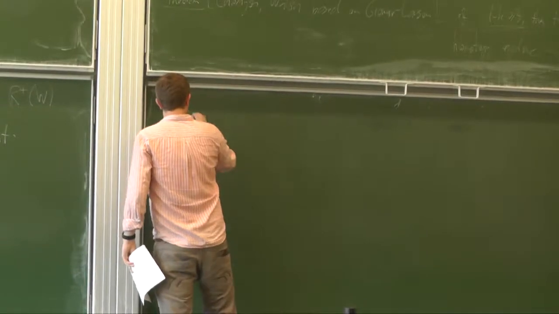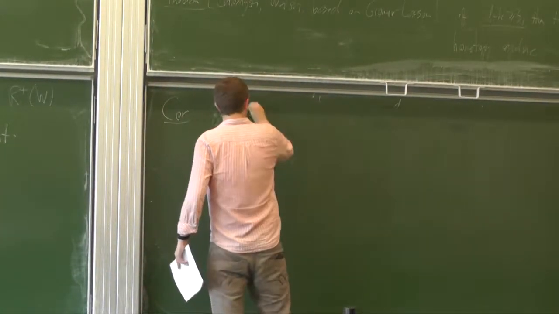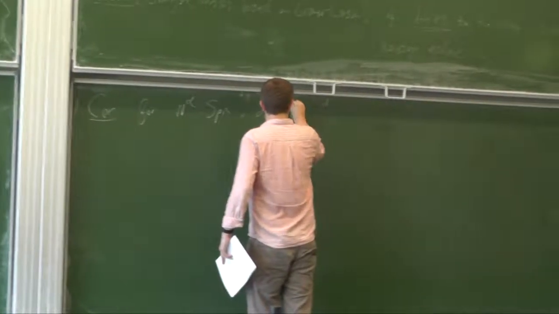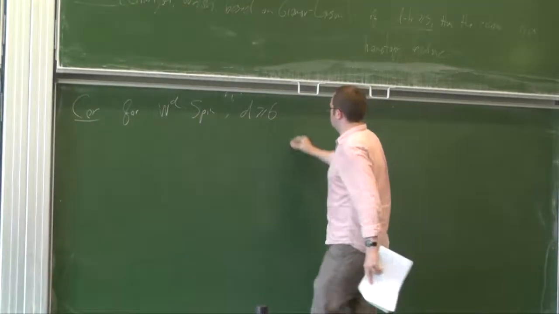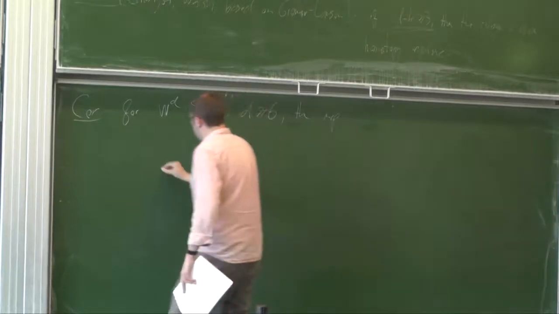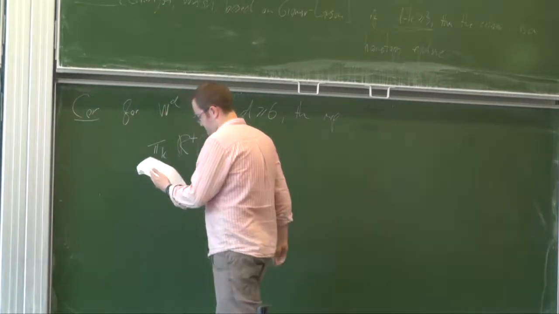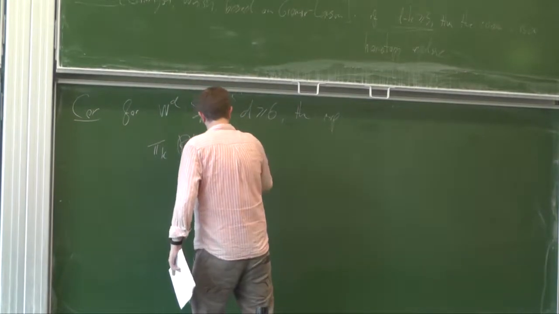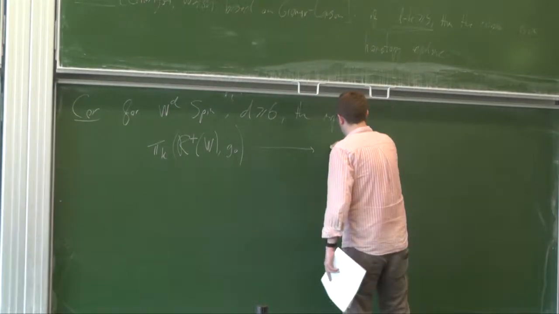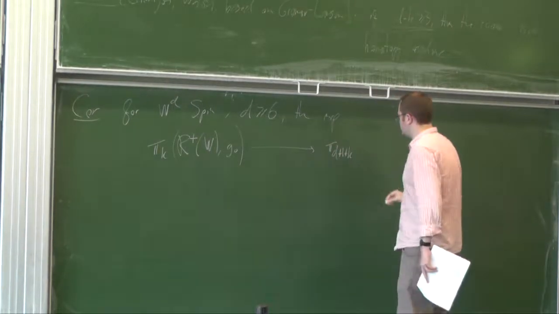So the corollary is that for W a spin manifold of dimension d at least 6, the map from the kth homotopy group of R plus of W, based at some base point, to pi d plus 1 plus k, which is how this shift works.